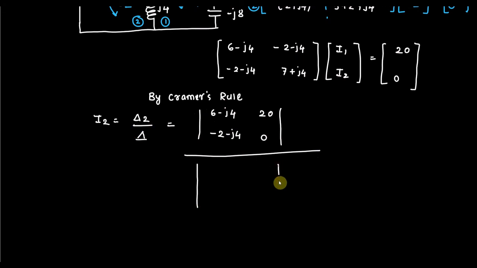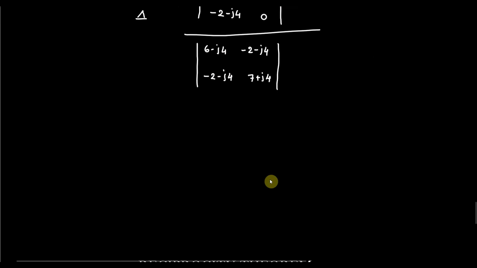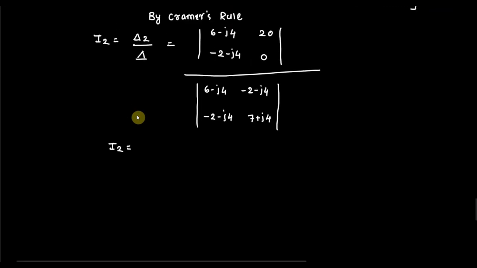Now delta will be the same as the impedance matrix. So 6 minus J4, minus 2 minus J4, minus 2 minus J4, 7 plus J4. Now solve both determinants and you will get the value of I2. Okay.